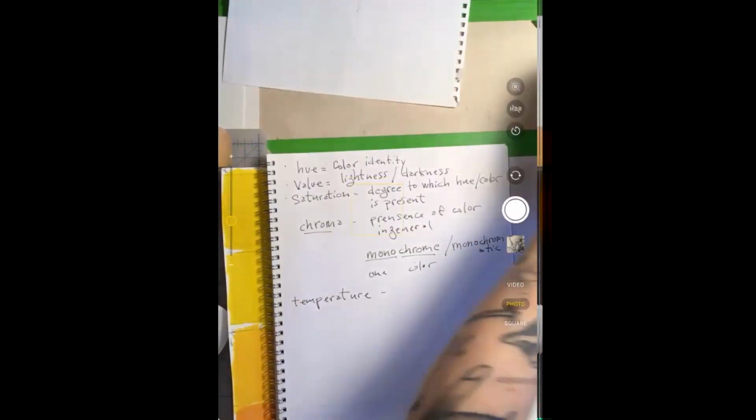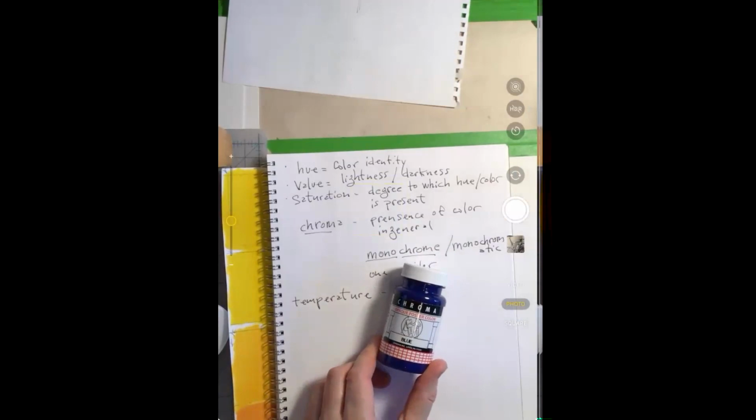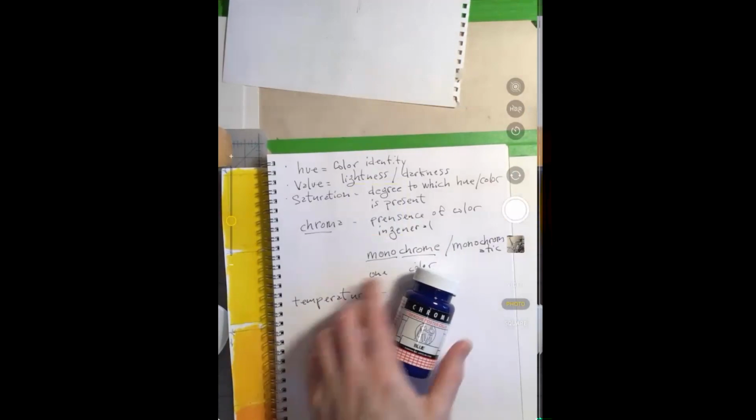If you had to choose between warm and cool. Warm. A plus. Blue, what would you guess its temperature is, warm or cool? Cool. It is cool. You are correct.